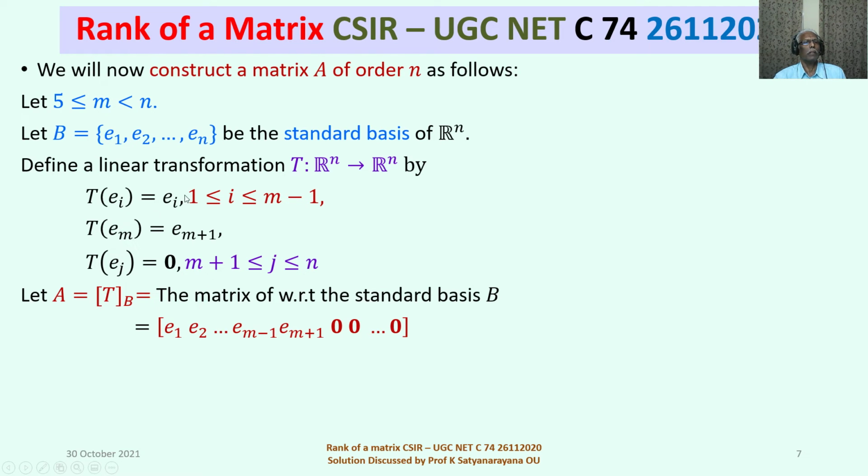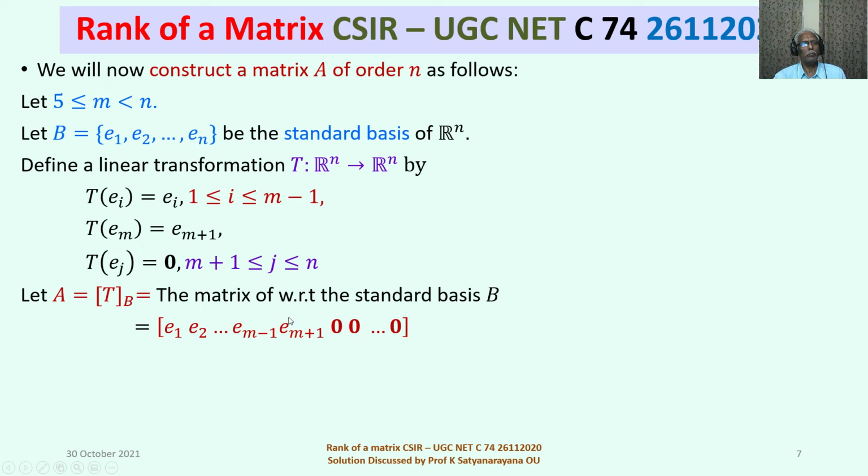If you take e_1, T(e_1) is e_1. So we write e_1 as a column vector of the matrix, e_2 as a column vector of the matrix, up to e_{m-1} as a column vector of A. But now in the mth column, T(e_m) is e_{m+1}.